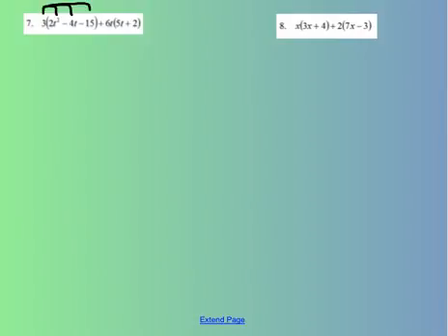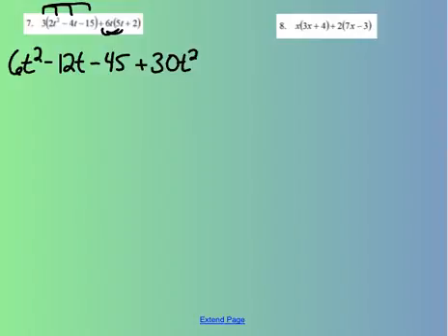These are going to be the hardest ones. So 3 times 2t is 6t squared, minus 12t, and 15 times 3 is 45. Plus, so this is easier because this is just a plus symbol, 6 times 5t is 30t squared, plus 12t, 2 times 6t.